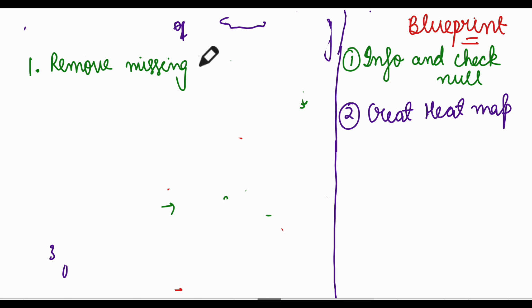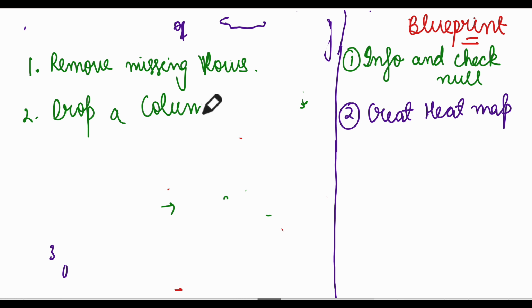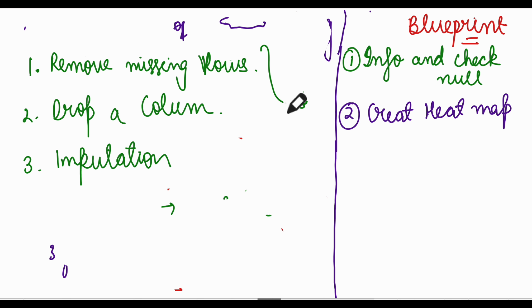For example, if you see a cell missing in a column, then remove the entire row. Or you can drop a column. Or you can make some imputation: if there is a missing value, I'll impute something into it. These are the only 3 things that you can decide.